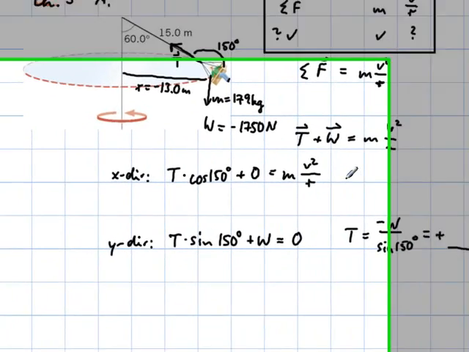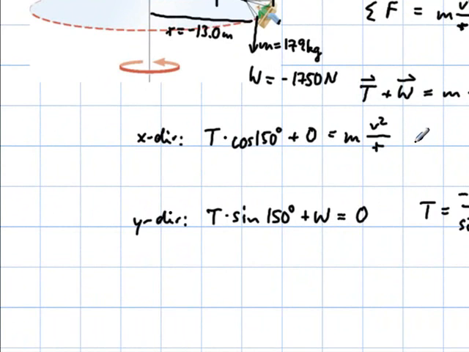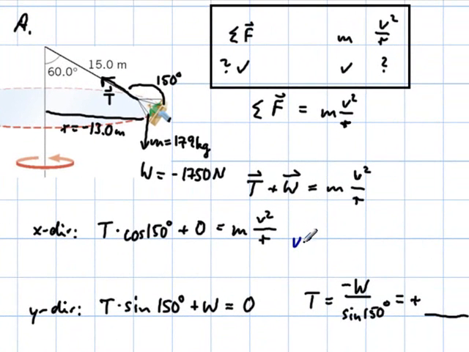Now over here, I'm supposed to solve for velocity. So velocity is going to be the tension that I just calculated times cosine 150 degrees times r divided by the mass, and take the square root.